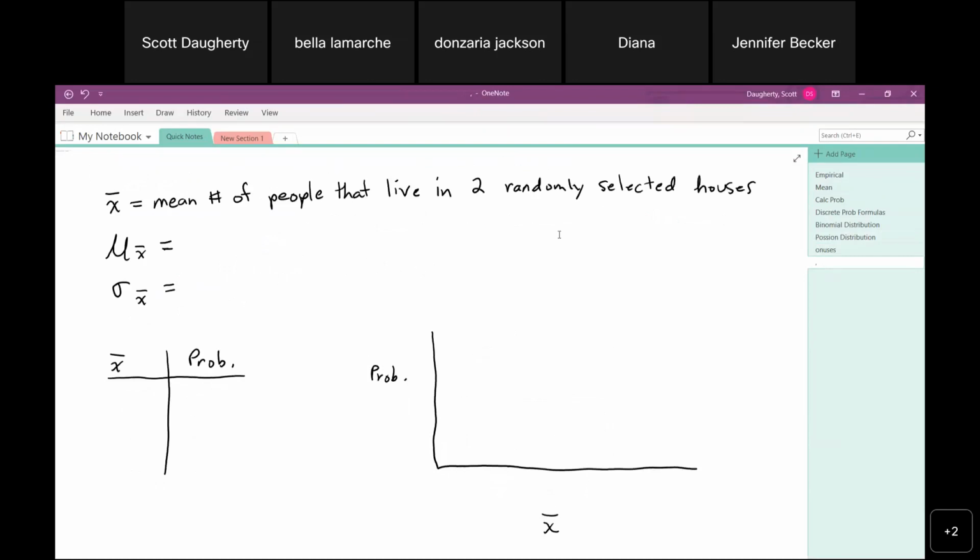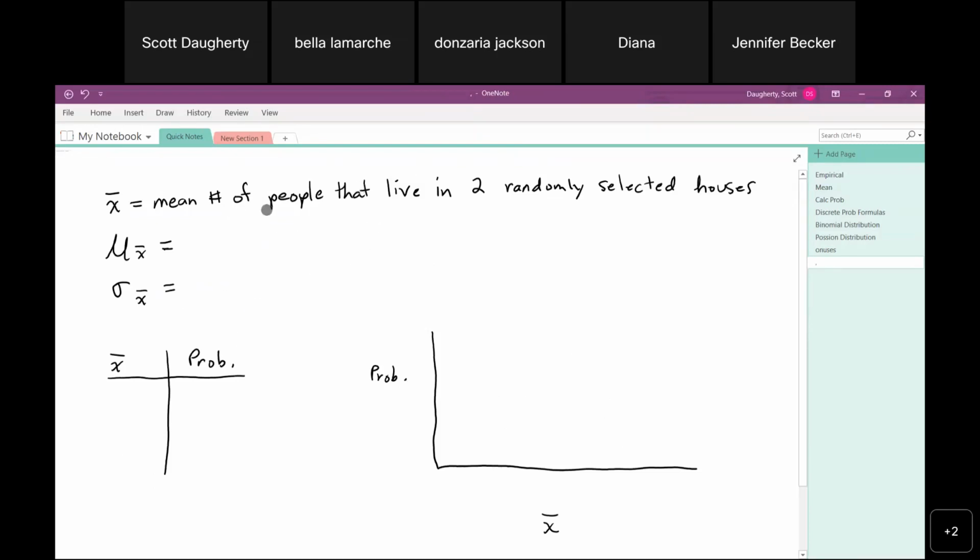But now that we have the perspective of the person sampling from the population, they don't even know how big the population is. The only thing they're going to know is, I'm going to pick 2 houses at random from this population, and I'm going to get the 2 numbers. I'm going to look at how many people live in those 2 houses, and I'm going to get those 2 numbers. That's pretty much all I'm going to know. I'm not going to know anything else about the population.